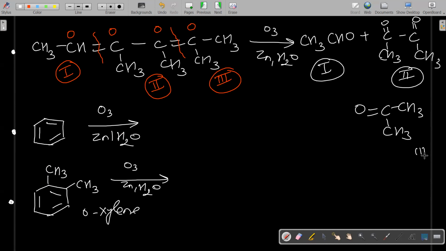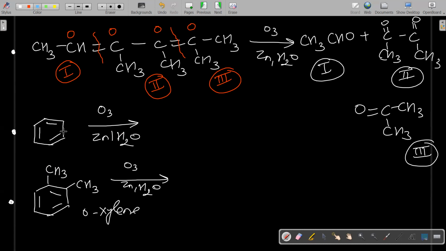So how many products are we getting? 3 products. So if a compound has 1 double bond, 2 double bonds, or 3 double bonds, you can cleave everywhere. So you can write the names of the products also. This is ethanal, this is propanone, and this is 1, 2, 3, 4, 5, pentane-2,3-dione. Okay, so this is one example.